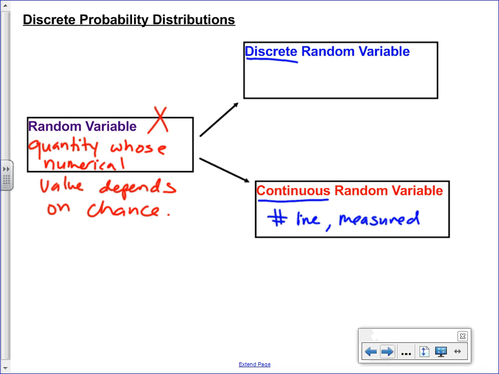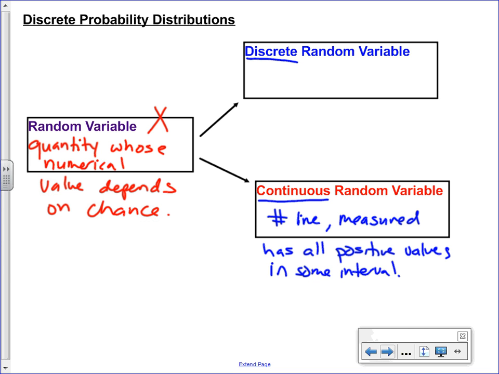It has all positive values in some interval, like a range of possibilities that can happen, like height and weight and volume.